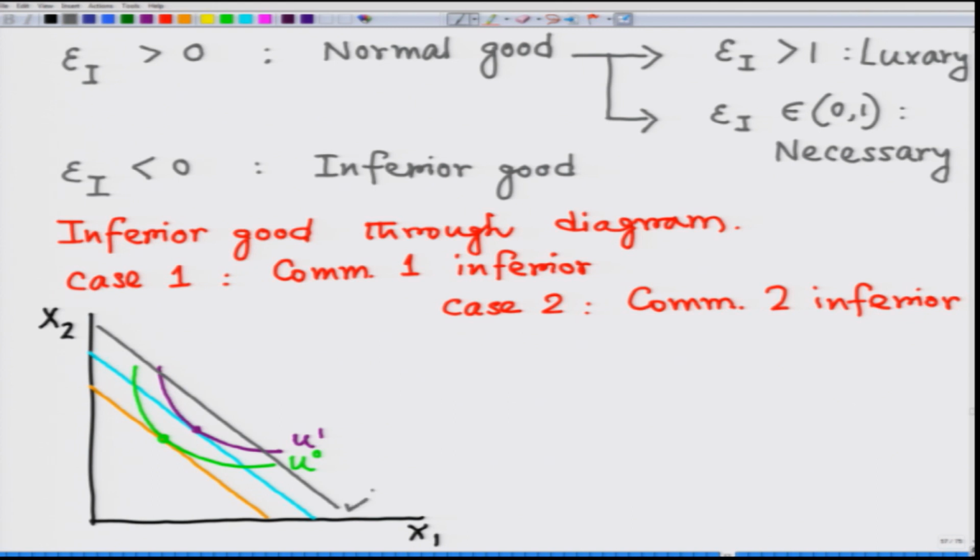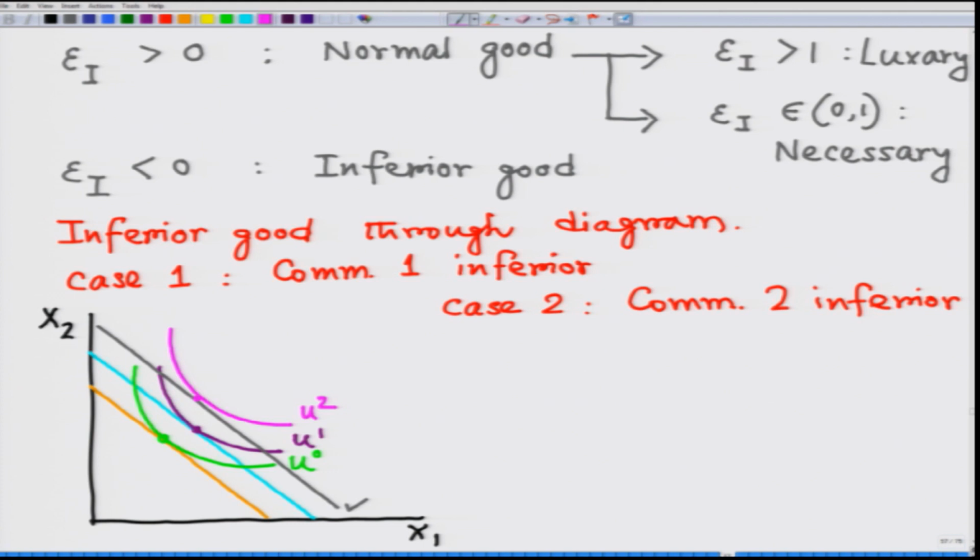So, now here I introduce an indifference curve which creates the tangency with the current budget line in such a way that the consumer equilibrium gives a lower level of x1 consumption.